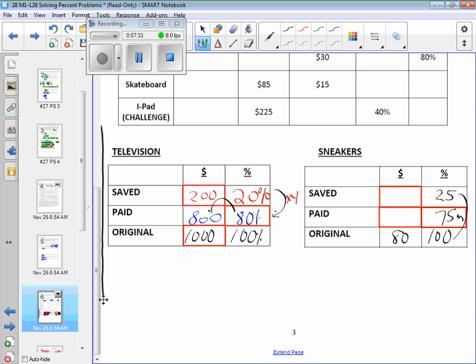Yep. Times 4. Can't connect here because you have two missing values. Yes, 25 times 3 is 75, but there are no numbers here to multiply that 3 by. So you've got to connect here first. 25 times 4 makes 100.